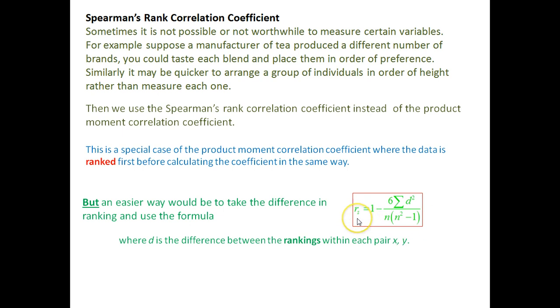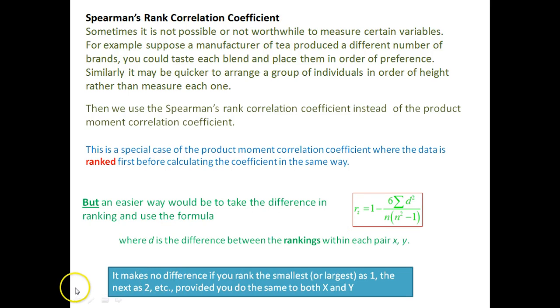So rs, that's Spearman's rank correlation coefficient, would be 1 minus 6 times the sum of the difference squared. d is the difference between the rankings, so square that, so we get rid of the minuses, and we divide by n times n squared minus 1.